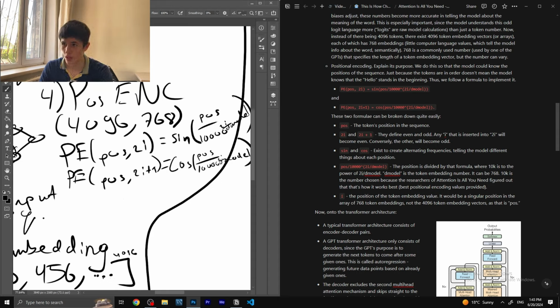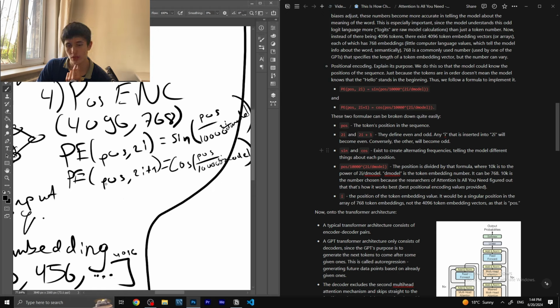This is for having different frequencies, alternating frequencies, telling the model different things about each position, so that it could tell a different kind of value. And 2i and 2i plus 1, as I told you before, is even and odd.